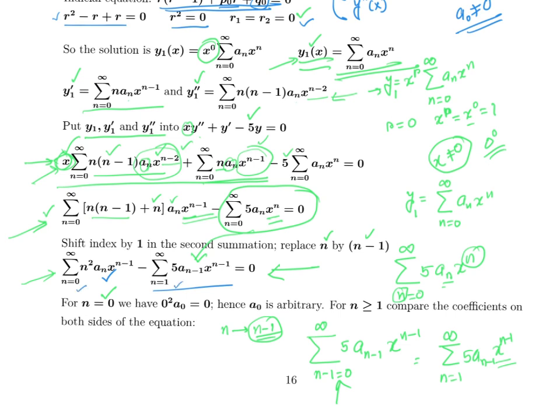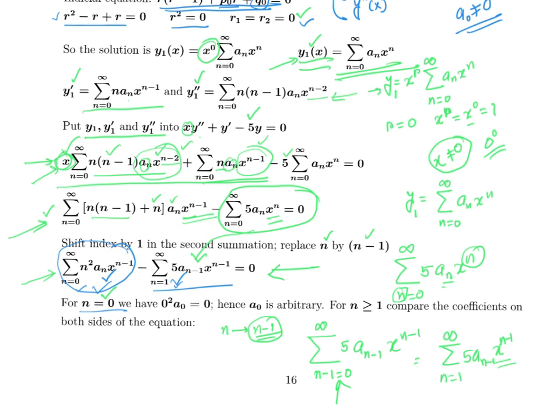So if we take out the first term from this one, which is n equal to 0, then the remaining terms are going to be aligned. That means this is going to start from 1 because we have taken the n is equal to 0 case, and this is starting at 1, and now both are aligned. We can compare apples to apples.